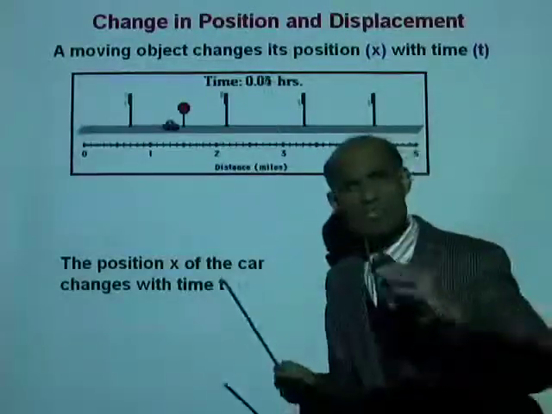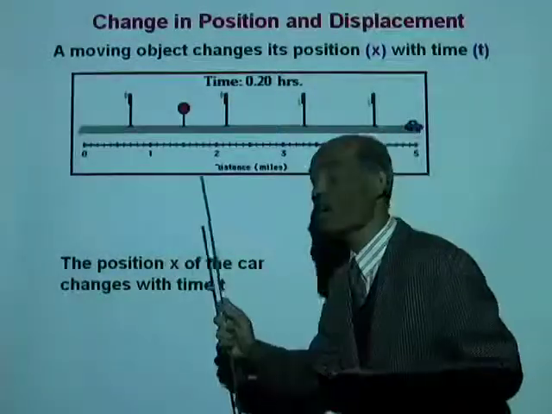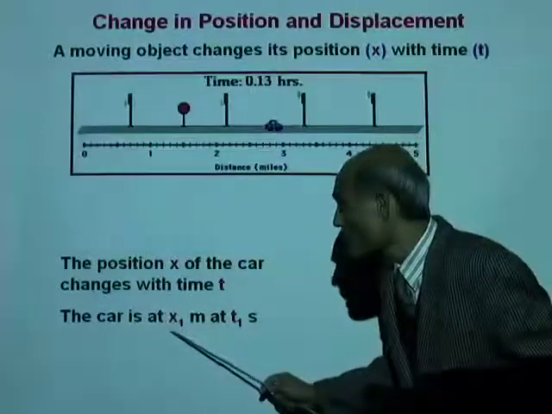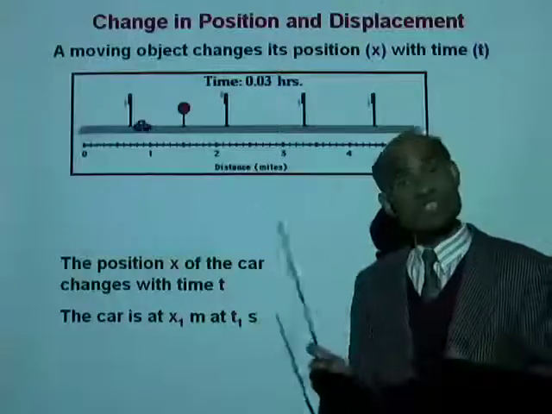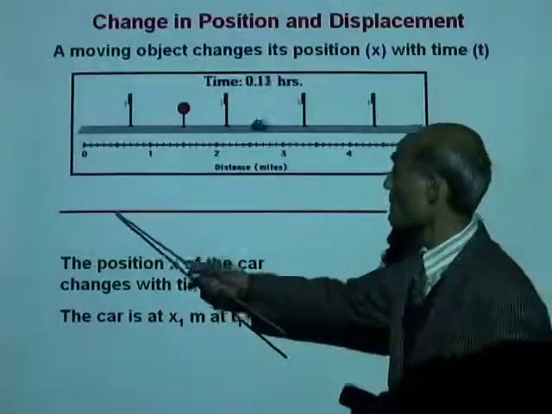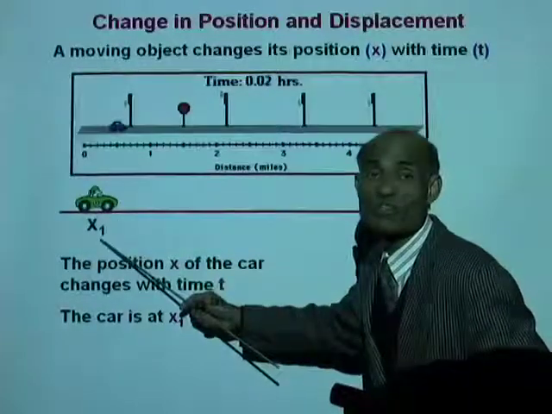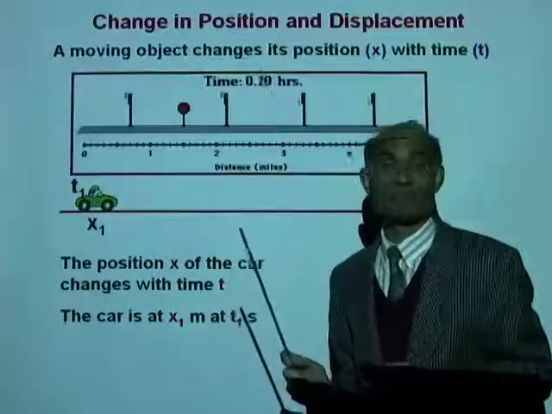Now, let's take a specific example. The position x of the car changes with time t. Let the position of the car be x1 when the time is t1. Alright, here I'm going to put a car. There is the car. Its position is x1 when the time is t1.